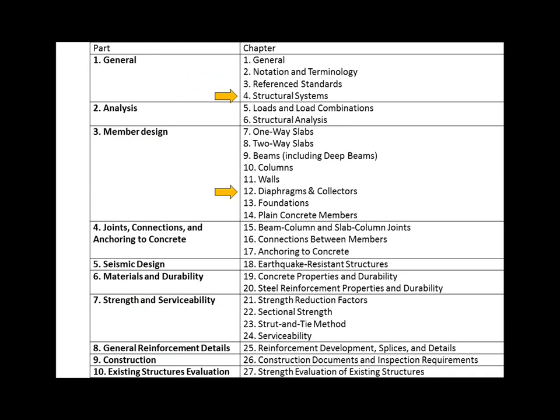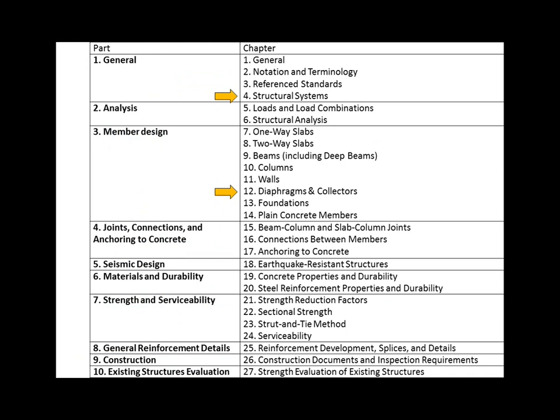Well, as the code gets reorganized and now we have members up front, there was a hole identified in the structure of the code. One of the main members that we have to have in every building is a diaphragm, or many diaphragms. And there was no chapter on diaphragms. So the challenge was, can we, while we're reorganizing this code, come up with a chapter on diaphragms that's general enough and has some specific useful requirements so that it fits into the structure of the whole code.